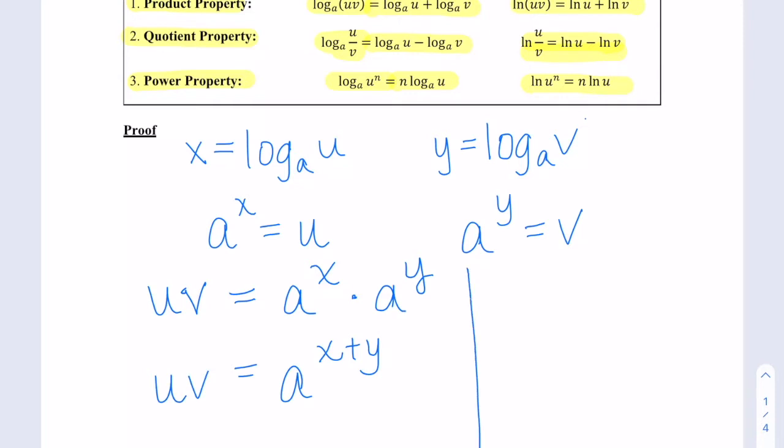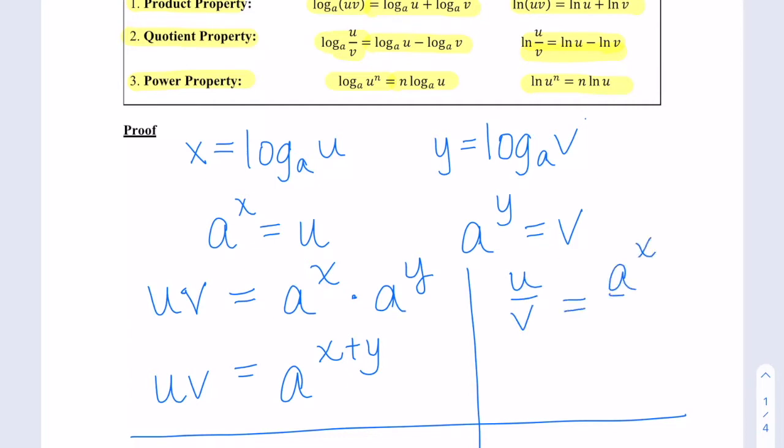I'm going to write over here u over v. That would be a to the x over a to the y. So u over v, or u divided by v, would be a to the x minus y.